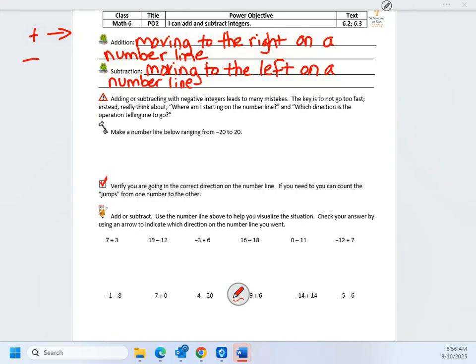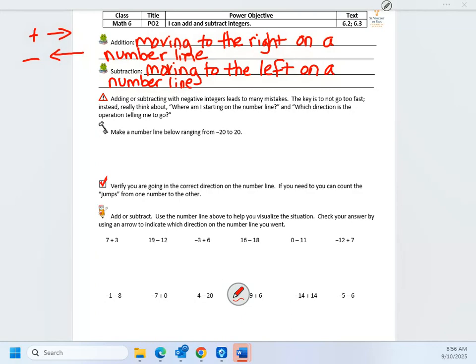So when we subtract, we go to the left. So putting the arrows sometimes helps us. If you're like one of my kids, sometimes you always have to go, okay, which way's to the left? Okay, that's the L, I need to go this. Just do the arrows. It helps you remember left and right. Which way do I jump on that number line?